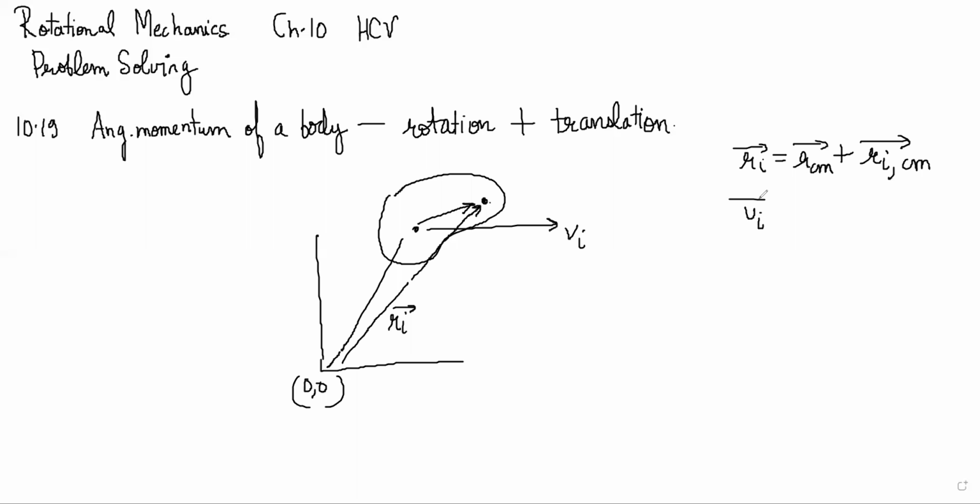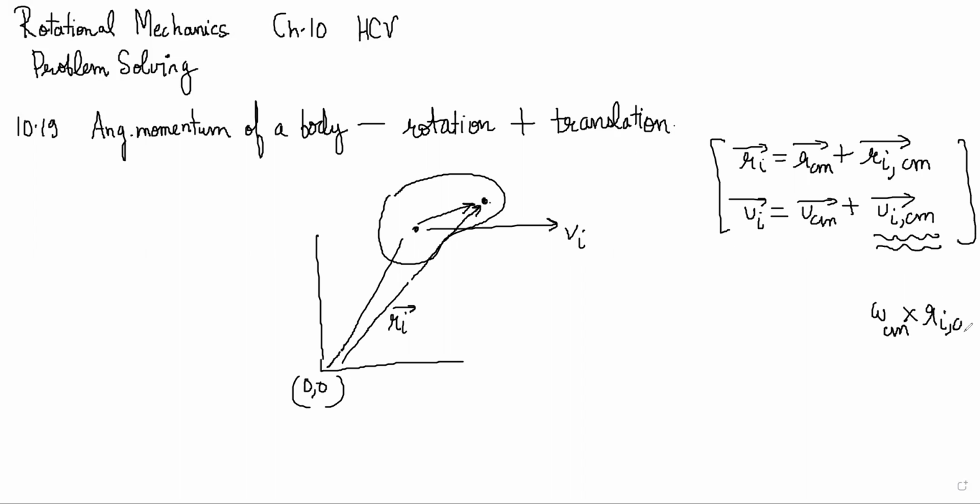And similarly, Vi will be VCM plus Vi with respect to CM, and this Vi with respect to CM can be written as omega cross Ri with respect to CM.